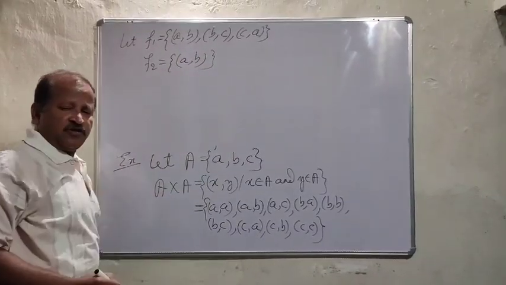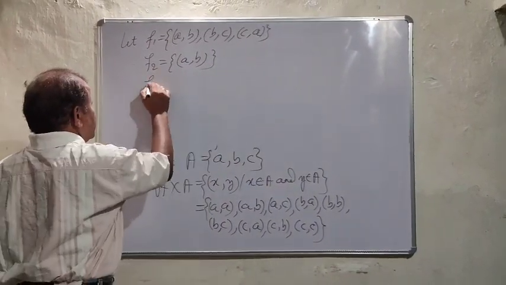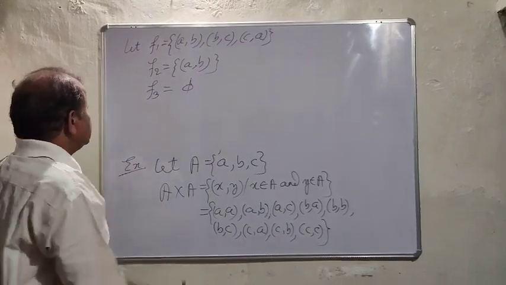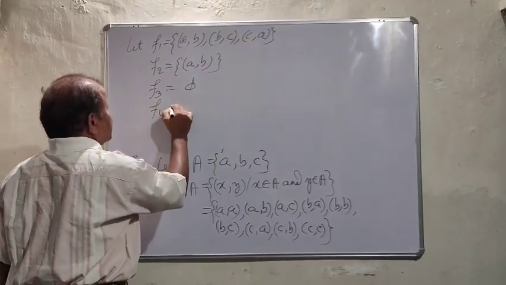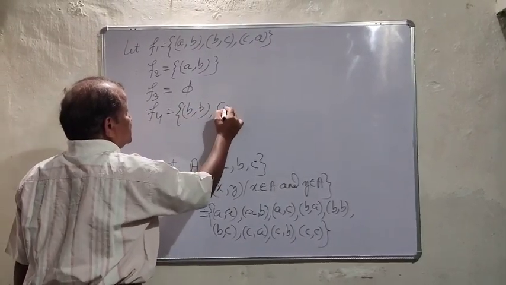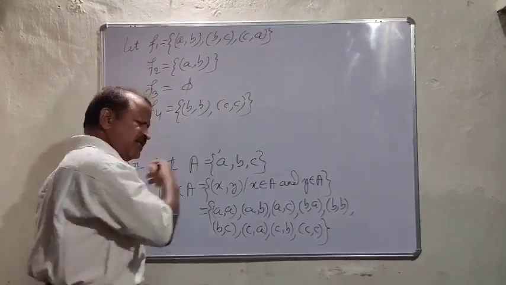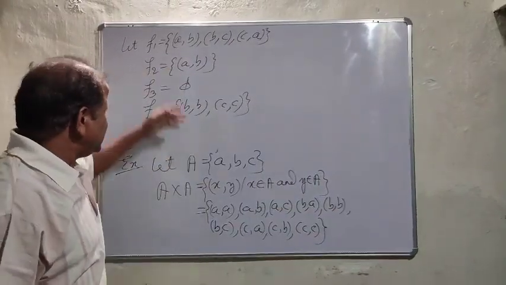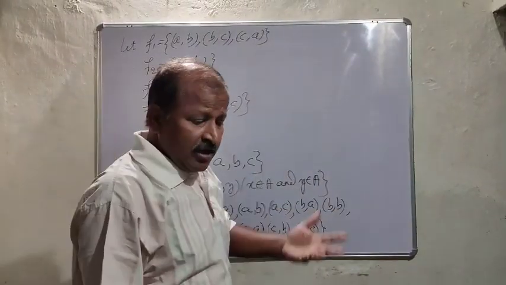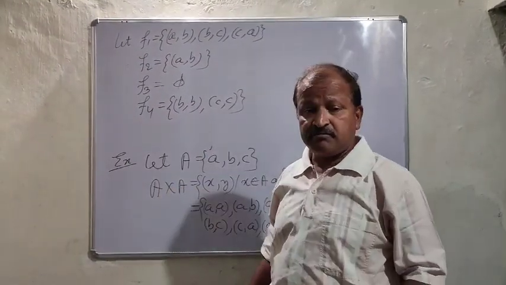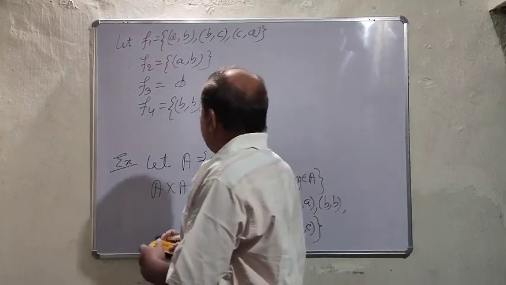Yes, this is also a relation. F3 is the null set. This is also a relation. F4 equals {(b,b), (c,c)}. It is arbitrary. You can write any subset of this. In this way, you can write 2 to the power 9 relations defined on it. Right? Okay.